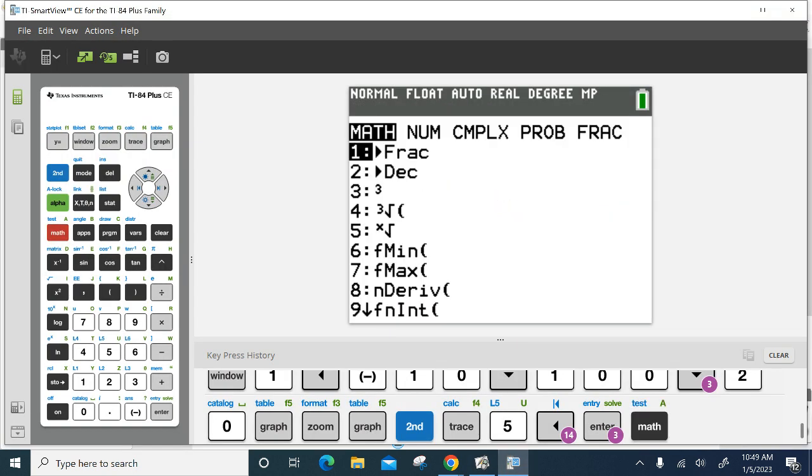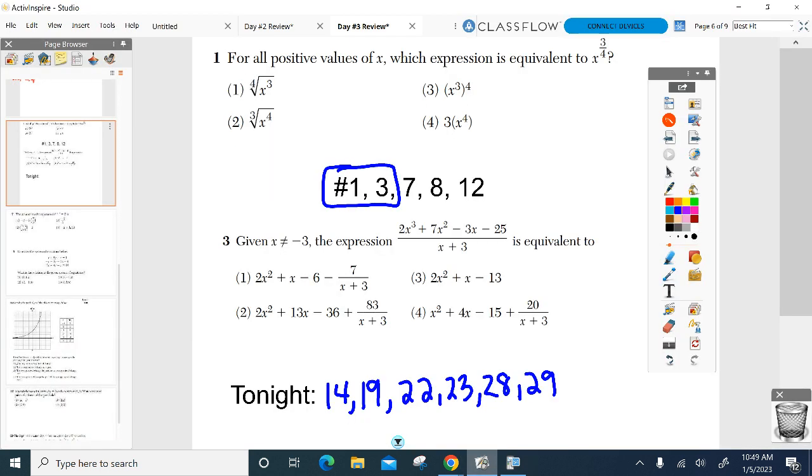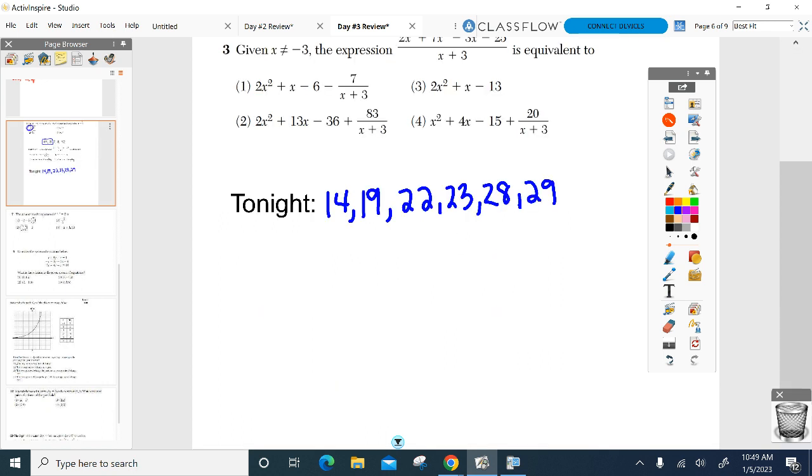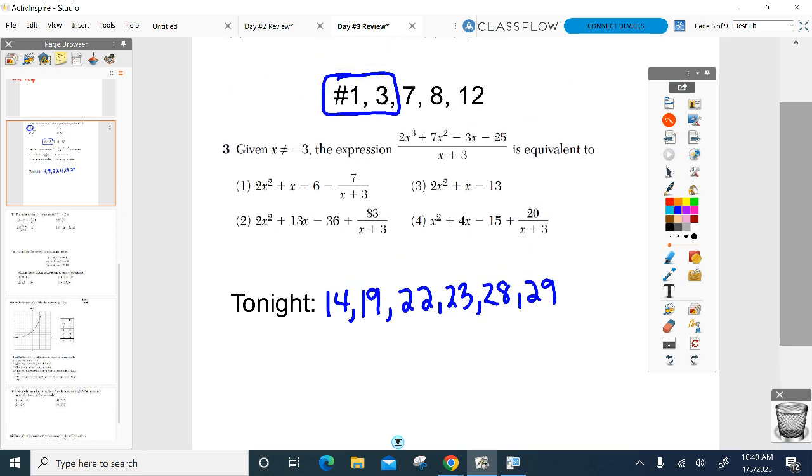Instead of choosing the cube root, you choose number 5 and you can make it any root you want. And it ended up being choice 1. The same thing with number 3. It was a store as well. Store whatever value you want in for X, see what the original was equal to, and it should have been choice 1 again. They matched.